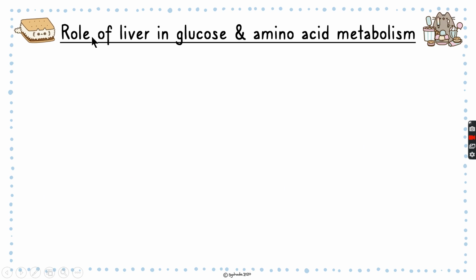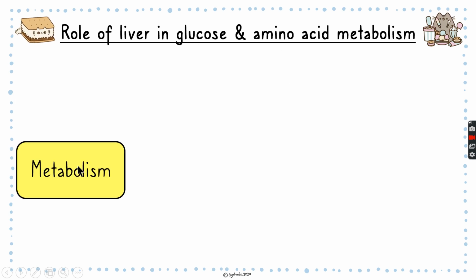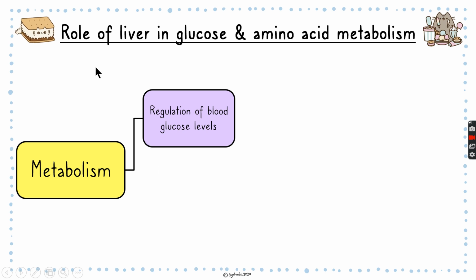Just to summarize, the liver has a major role in terms of glucose and amino acid metabolism. Metabolism is the sum of chemical reactions that happen in your body. The liver involves itself in the regulation of blood glucose levels. Blood glucose level, or any blood level, refers to the level of that thing inside the blood.